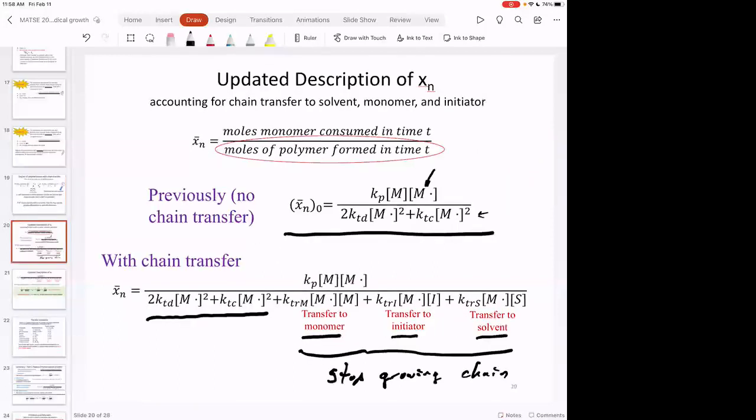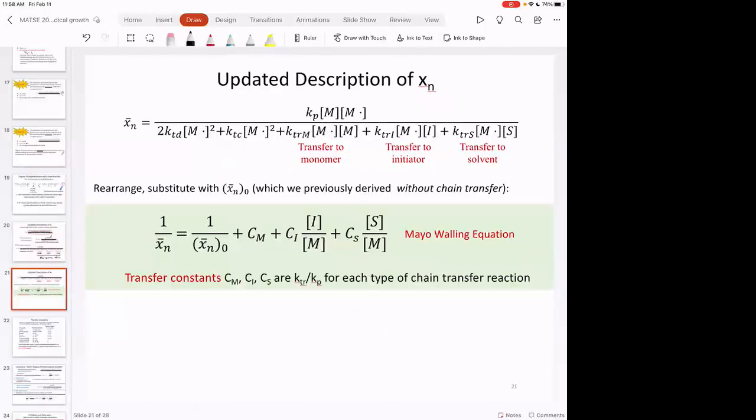So this is a handful, and so we have a simplified expression to handle that, and the way we do that is just with a little math and rearrangement. This is our new expression for x bar n with chain transfer, because there's no zero there. It turns out that two polymer scientists, one with the last name Mayo and one with the last name Walling, came up with this Mayo-Walling equation.